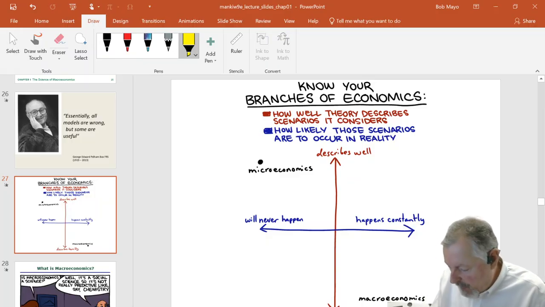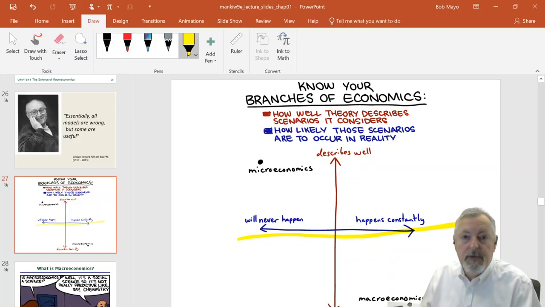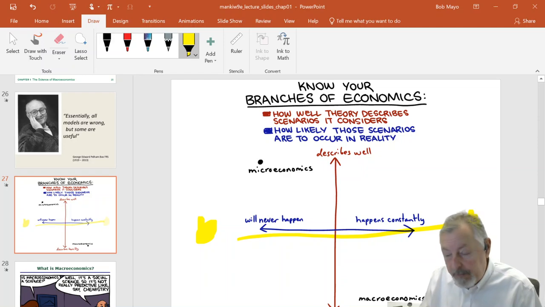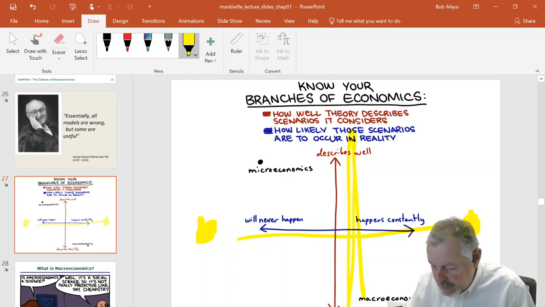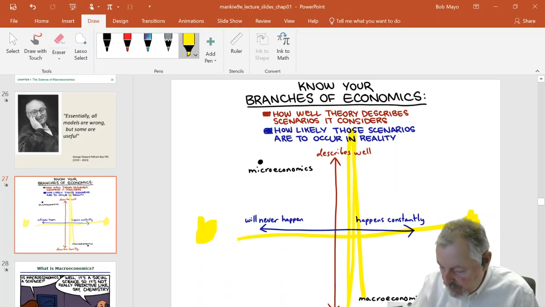Economics. This axis describes how often things happen, never to all the time. This axis describes how accurately it can be described by an economic theory, very well to not well at all.